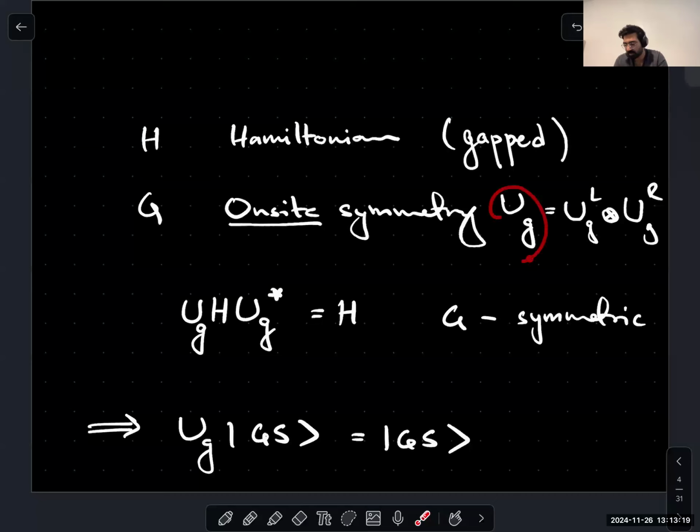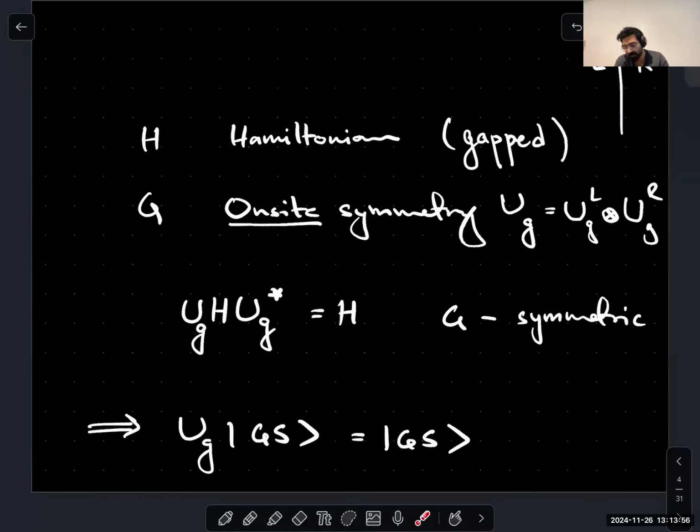So for example, if I have some U of G, which is a symmetry action on the entirety of the lattice, or on the entire state, then you can break it down into two different symmetry actions acting on the left and the right sides of the lattice. So just break up your imaginary lattice, which I haven't drawn, into two, and call one of the regions left and one of the regions right. And the symmetry will actually break up into a tensor product of these two things. So that's what it means to be on-site. And this can be done for any division of your lattice.